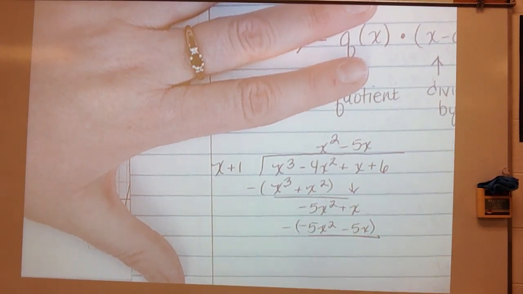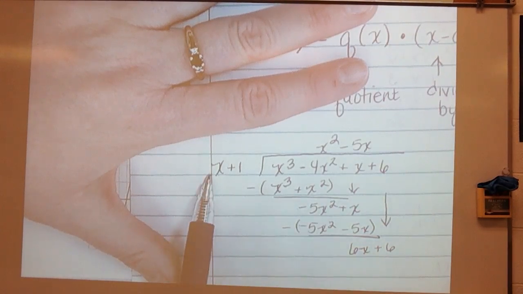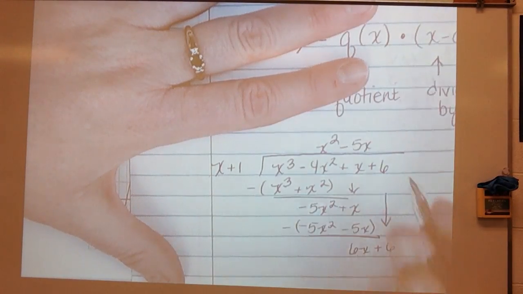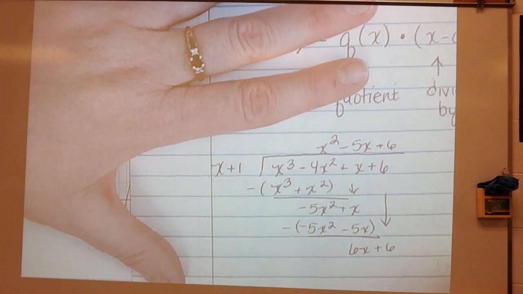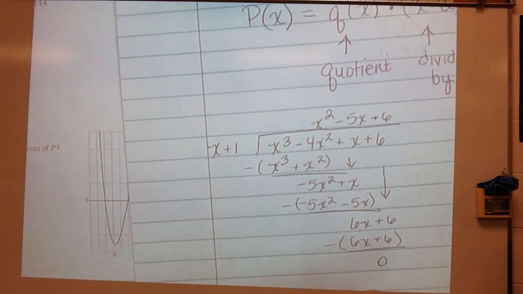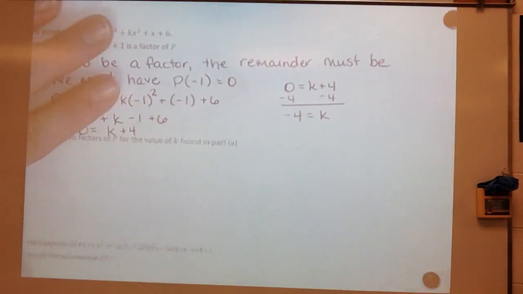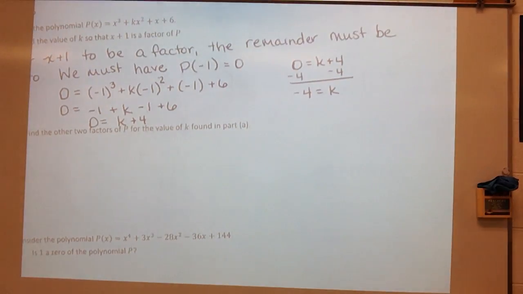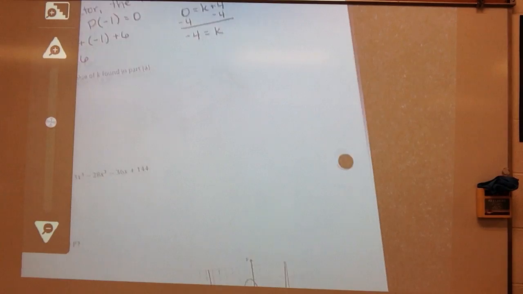X minus a -5x would be x plus 5x. That's 6x plus 6. X goes into 6x 6 times. So 6x plus 6. Subtract that, and we said that we wanted our remainder to be 0, and that's what we got.